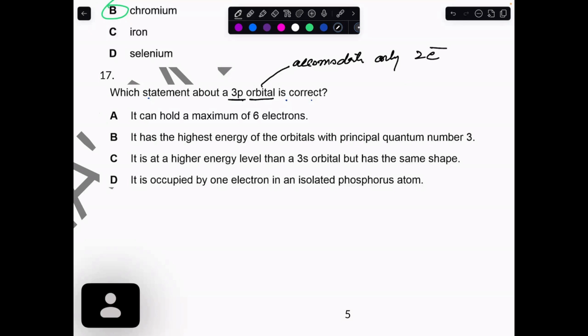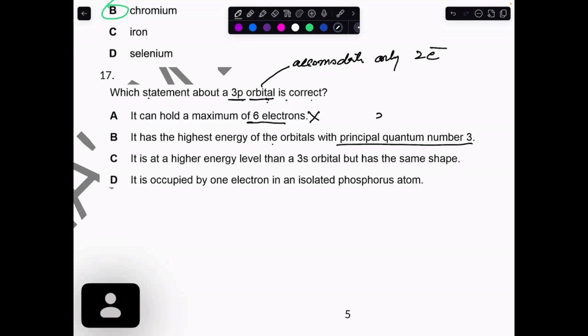They are using the word orbital. In an orbital, only 2 electrons; in a subshell, 6 electrons. It can hold a maximum of 6 electrons? No, incorrect. The question is about orbital, not about subshell. Incorrect.